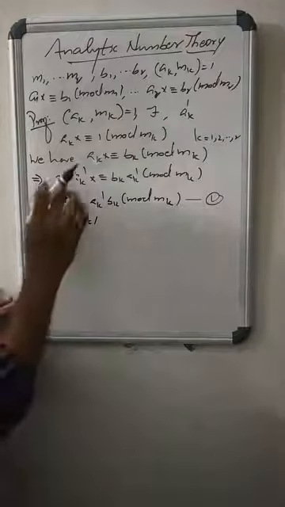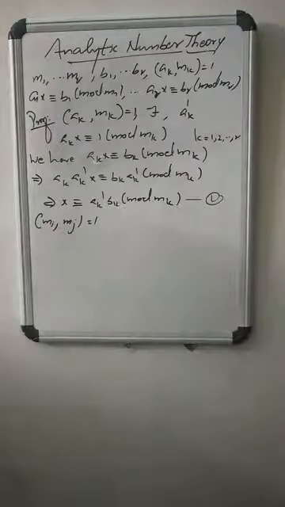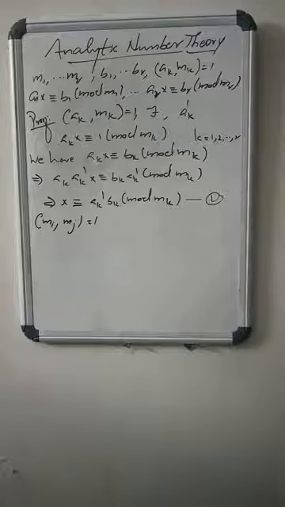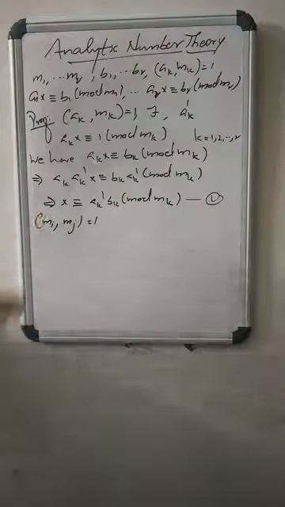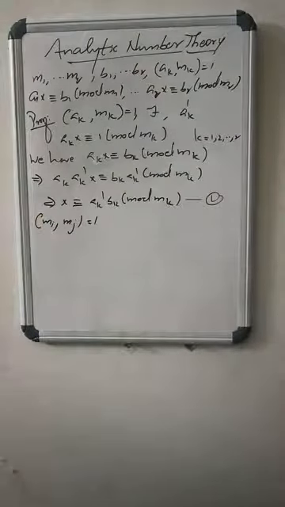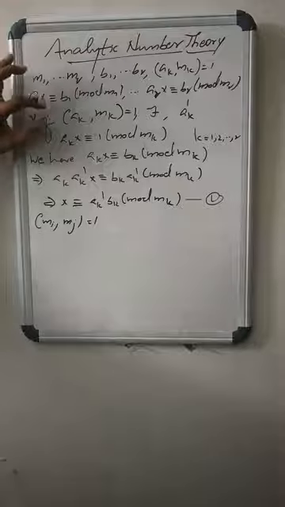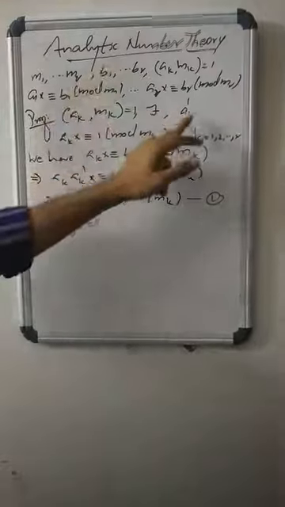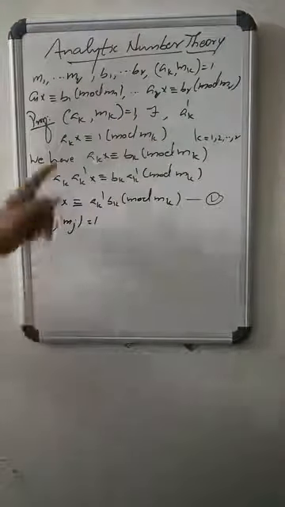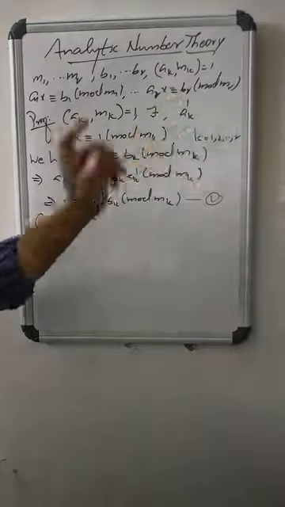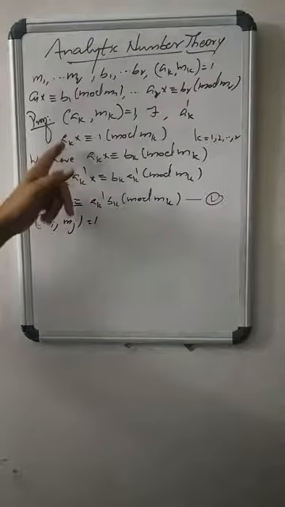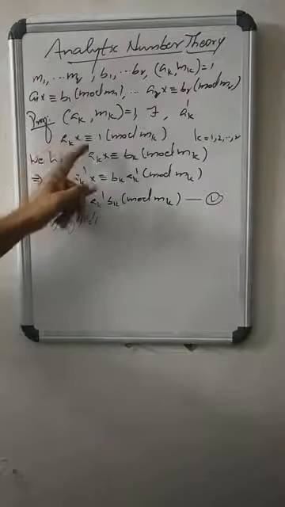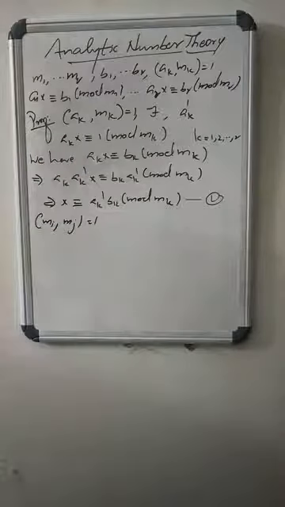Therefore a1x ≡ b1 mod m1, a2x ≡ b2 mod m2, etc., arx ≡ br mod mr has a unique solution modulo m1 m2 etc. mr. Since ak and mk are relatively prime, there exists ak', the reciprocal of ak, for the congruence akx ≡ 1 mod mk.